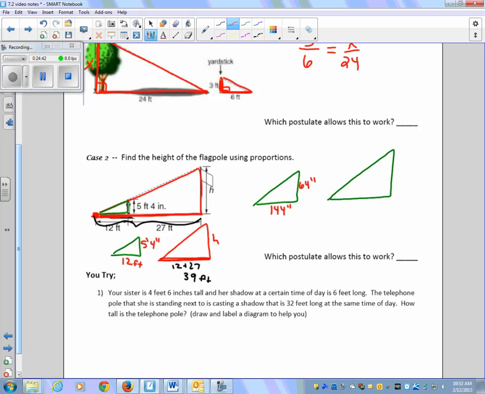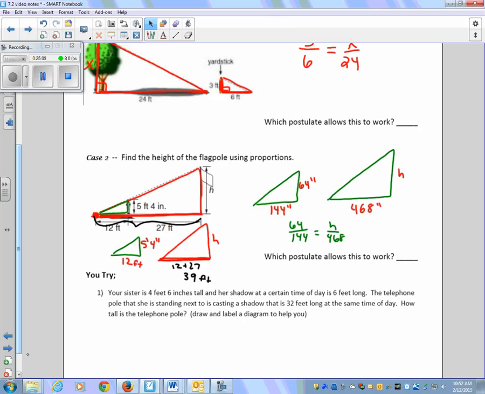And so we have our height here, and 39 feet is 39 times 12, which is 468 inches. So now we have everything. We can write a proportion: 64 is to 144 as h is to 468.